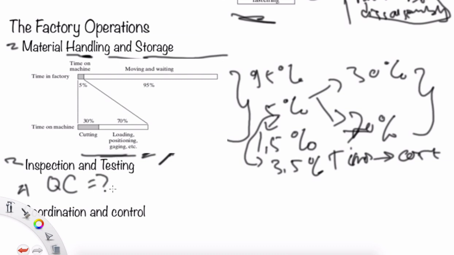So we talk about conformance. From Vincent Gaspersz we have several items, about 7 or 8 quality dimensions, and in inspection we check conformance to the design standard and specification. Does the product meet them? So we need inspection.